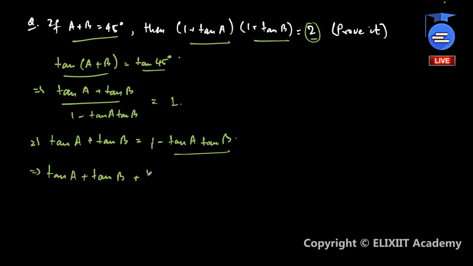So tan B plus tan A tan B equals 1. Now on the right hand side you have to bring 2.